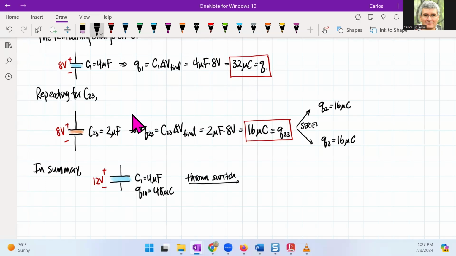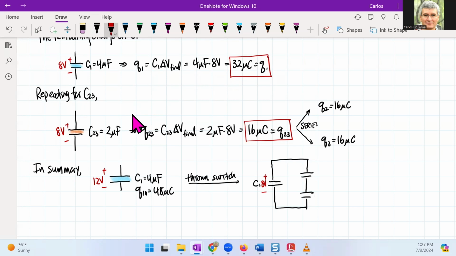When we throw the switch, I now have a circuit that looks like this. When I look at this circuit, C1 now has a voltage drop of 8 volts.